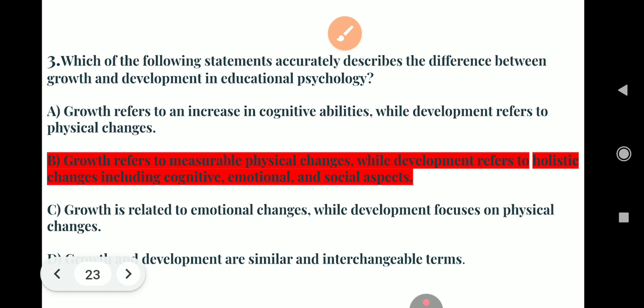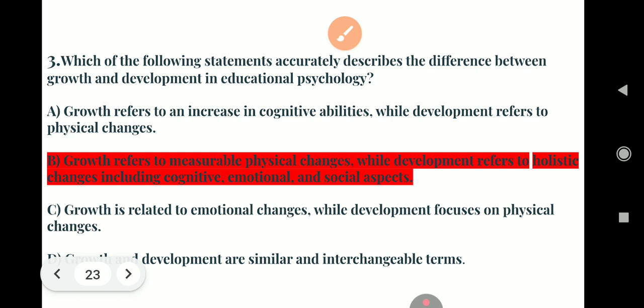If you take option A, growth refers to an increase in cognitive abilities, while development refers to physical changes. No, I told you growth is quantitative, it is always measurable, so it will not measure your cognitive abilities. And development includes everything, not only physical changes. It includes physical changes too, but it includes everything.